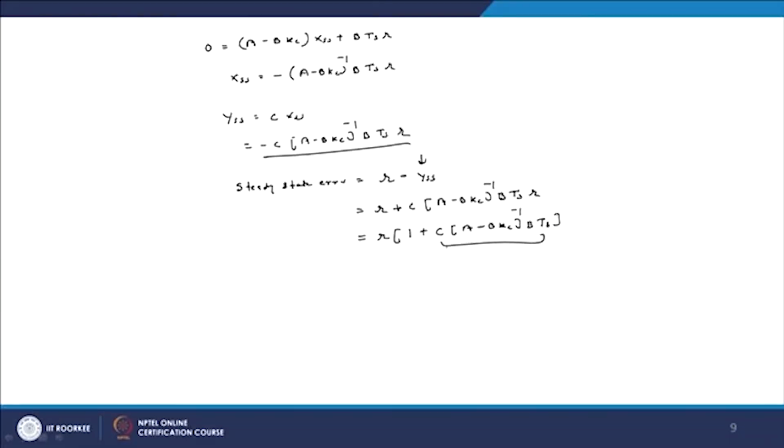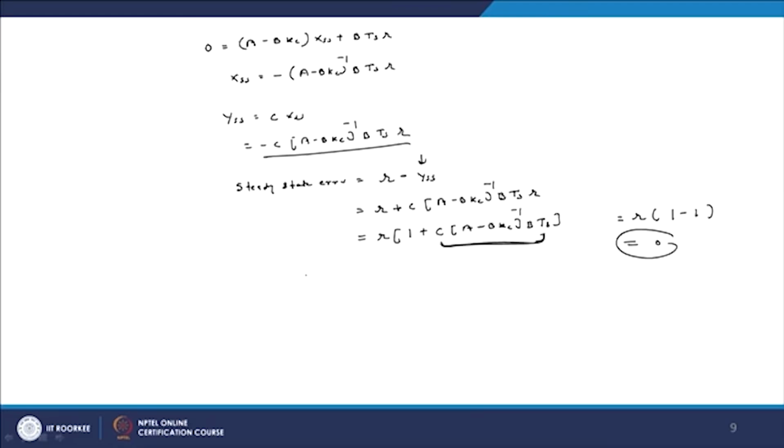This is possible when the equation we have written is minus 1, that means your equation should be R plus 1 minus 1. If that is so, your error is 0, that means this equals minus 1.